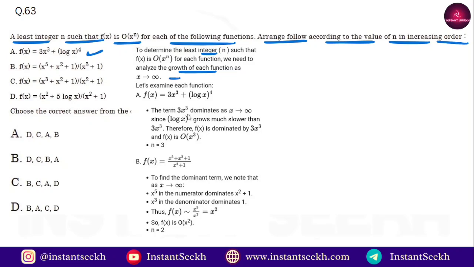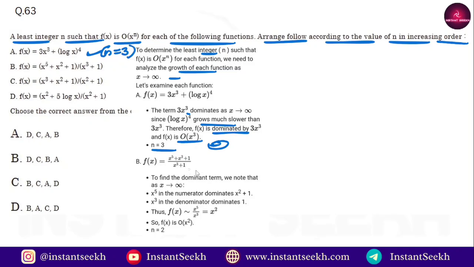The term 3x raised to 3 dominates as x tends to infinity, since log x raised to 4 grows much slower than 3 into x raised to 3. Therefore f of x is dominated by 3 into x raised to 3, so for the first one the n value is equal to 3.